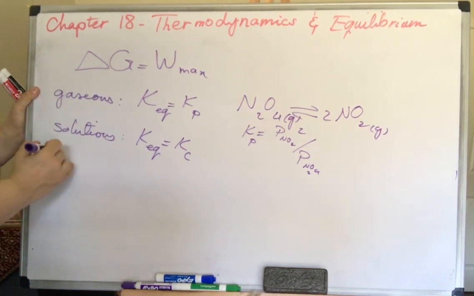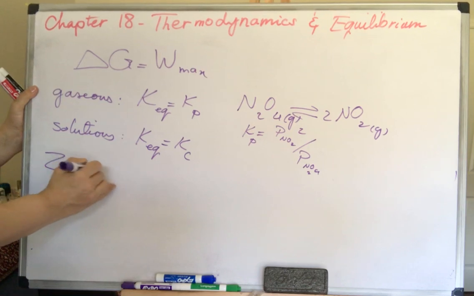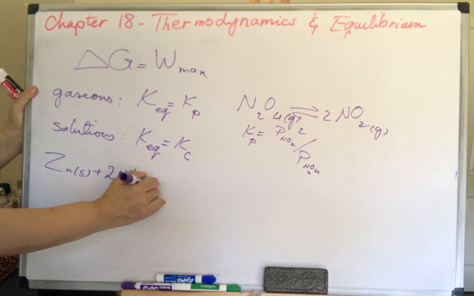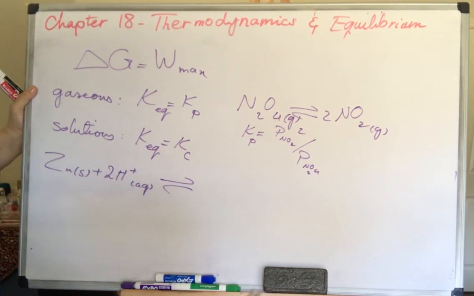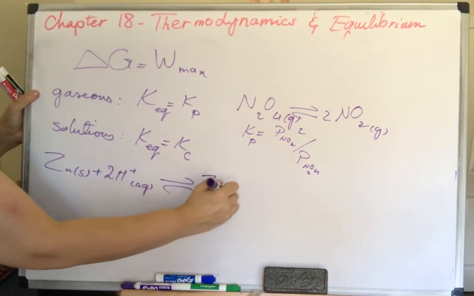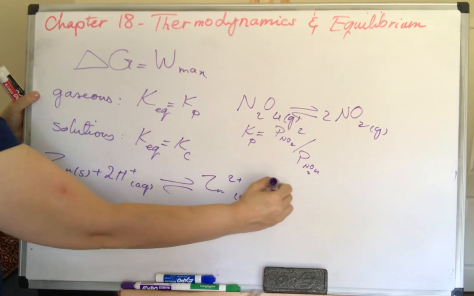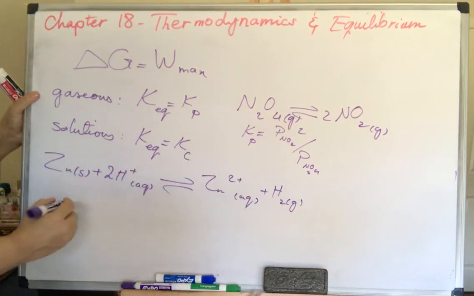And the second one, if you have solid zinc plus 2 H+ in an aqueous solution, and if you have zinc ion plus hydrogen gas, so how to write the K equilibrium?